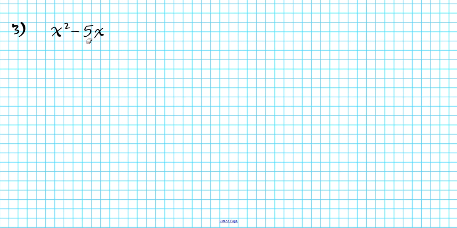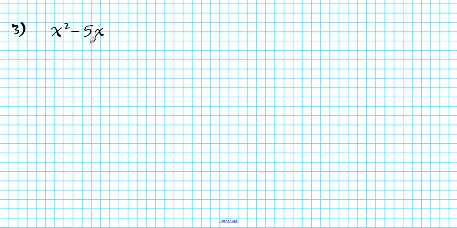Neither of them are squares, okay? So we want to combine both of them together and ask ourselves, do they form a square? And the answer is no. 5x is not a square, hence this is not the difference of squares. So since this second term is not a square, we cannot apply the difference of squares formula here.